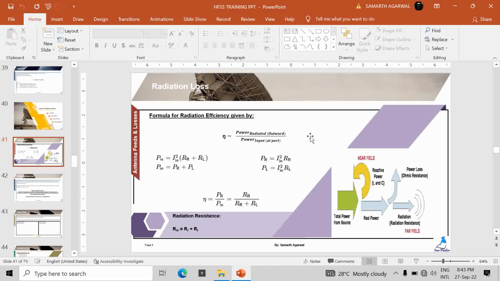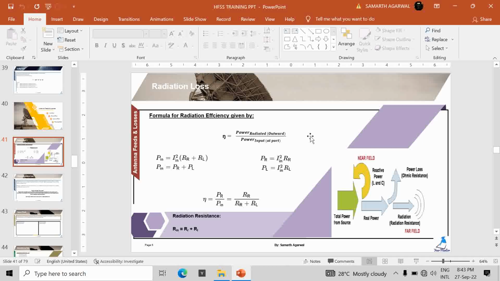Similarly, P_in will be the radiated power plus the load power. So R_in is equal to R_R plus R_L. These are the kinds of formulas by which you can think about it. The radiated power and the load power will be the same.